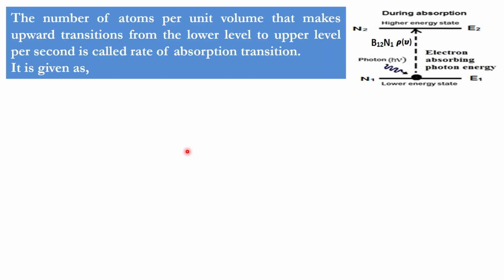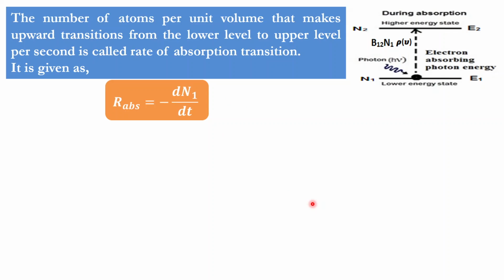That means it makes the upward transition from the lower energy level to the upper energy level, and that transition rate per second is called the rate of the absorption transition.